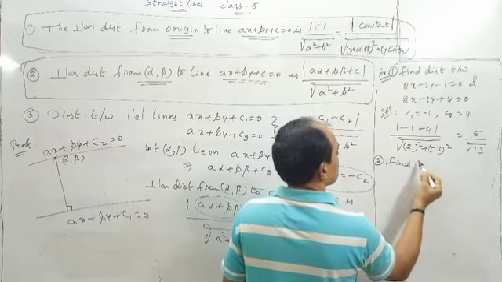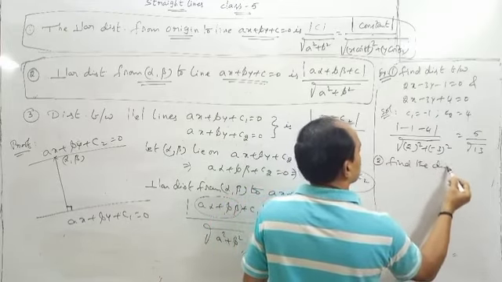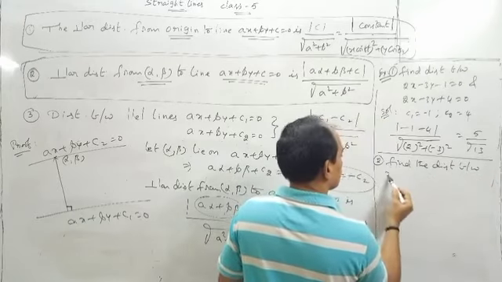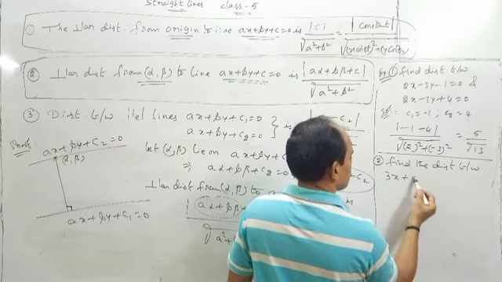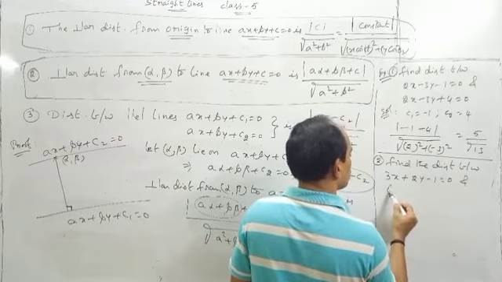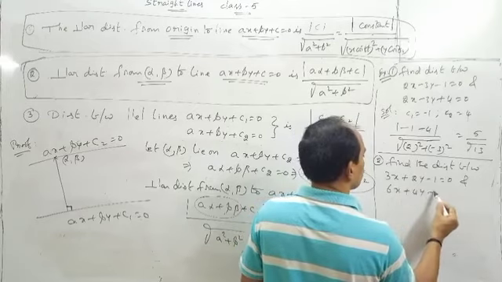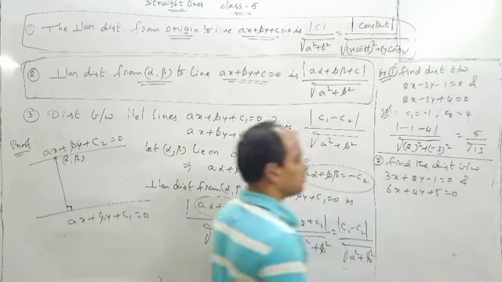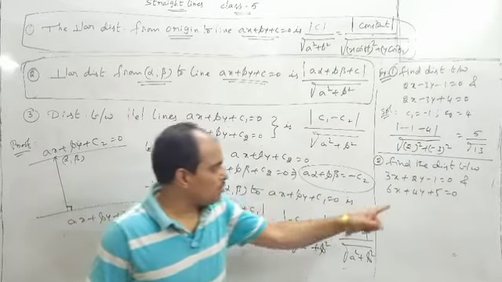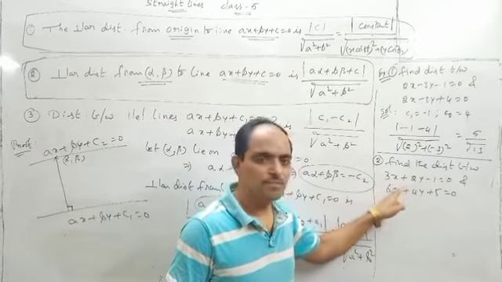Find the distance between 3x plus 2y minus 1 is equal to 0 and 6x plus 4y plus 5 is equal to 0. But we observe, what is the slope of this line?